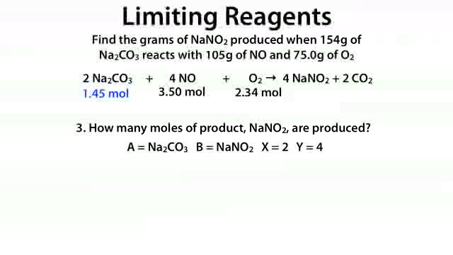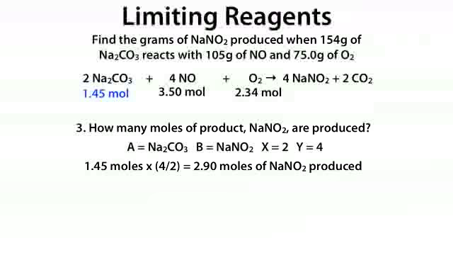The coefficient in front of Na2CO3 is 2. The coefficient in front of NaNO2 is 4. So to find out how many moles of product, or NaNO2, are produced in this case, we multiply our 1.45 moles of Na2CO3 by 4 over 2 to get 2.90 moles of NaNO2 produced.